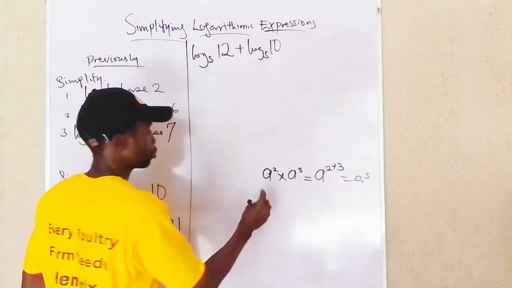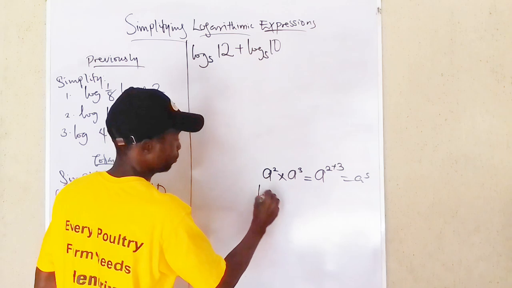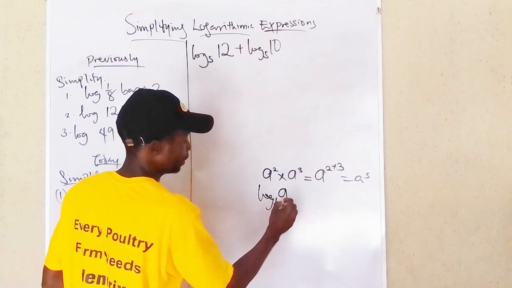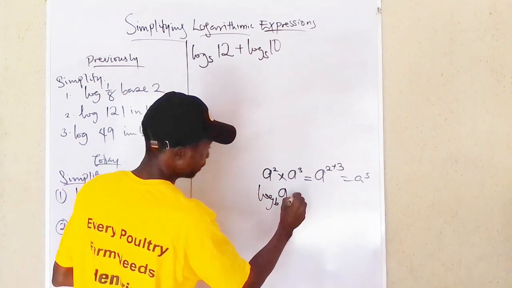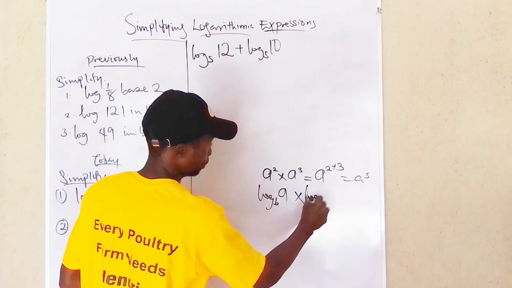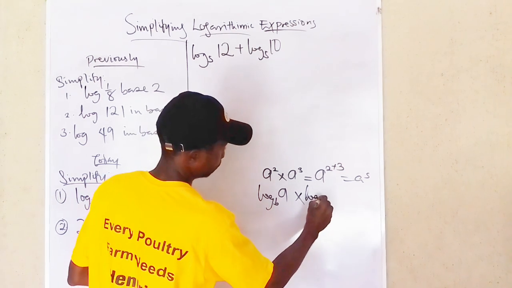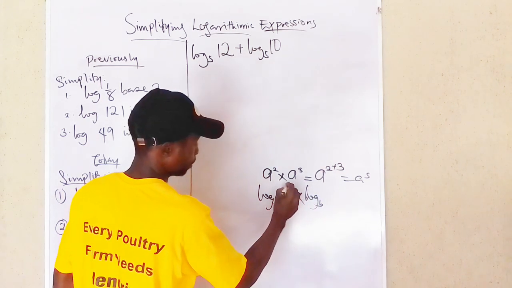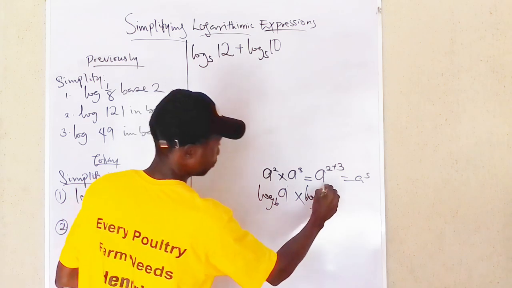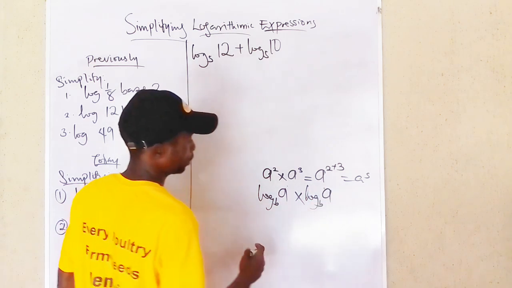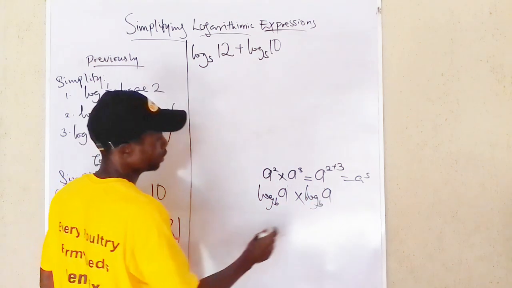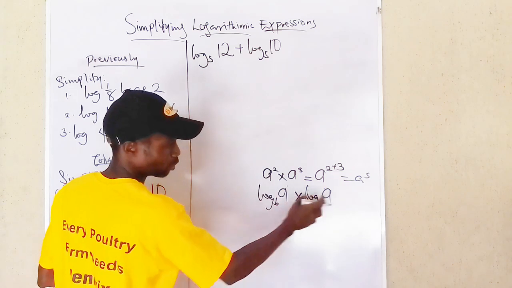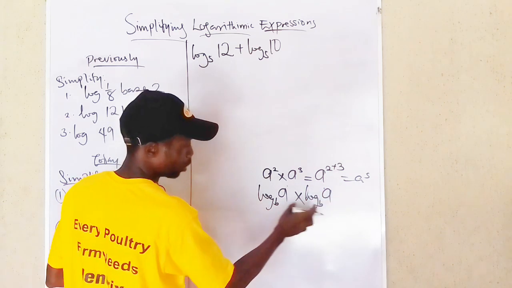Now in logarithm also, when you have log base b of a times log base b of, let's say, f, whichever way, eventually it's going to be this, because the two are of the same base.